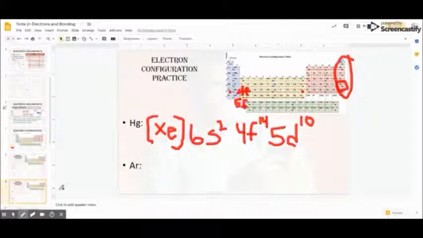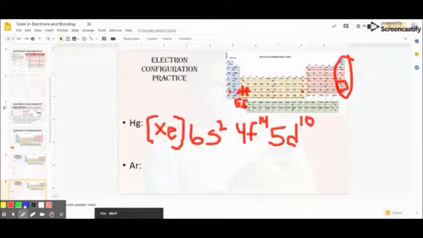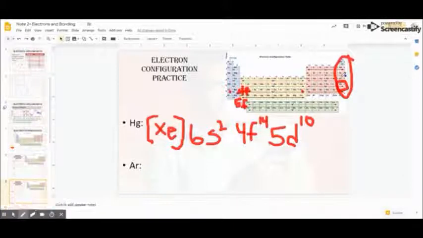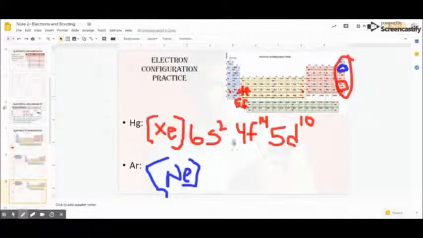Let's try argon. If we wanted to do argon, we can start at the noble gas that comes before argon. We can do the shortcut and start at neon. I'm going to put neon in brackets and then continue my configuration. I'm going to go to 3s, and there are 2 boxes.